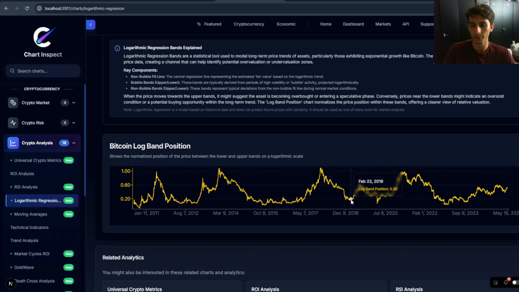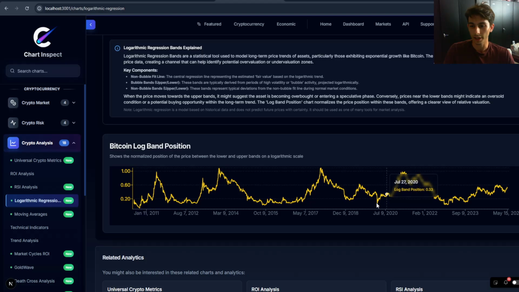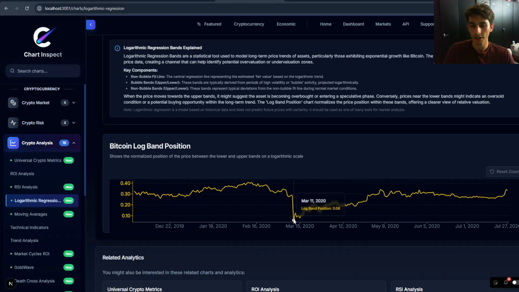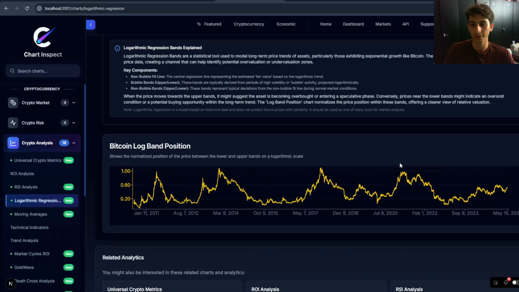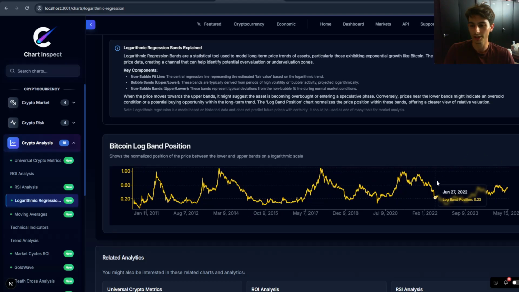In 2019 we only hit 0.16, but during the pandemic recession we went down to 0.06. And in the 2022 bear market, the last one we had, we went down to 0.03, so we got pretty close to zero in that scenario.